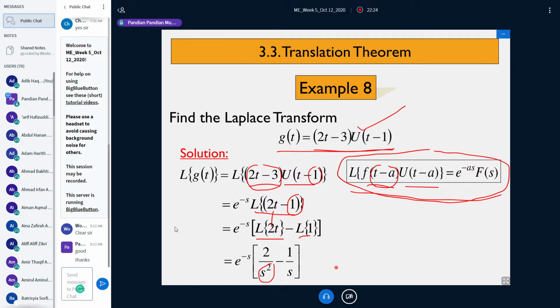So class, the 2t, you must write 2t minus 2 minus 1. So it becomes 2t minus 1 minus 1, so this is equal to 2t minus 3. So 2t minus 2 minus 1.